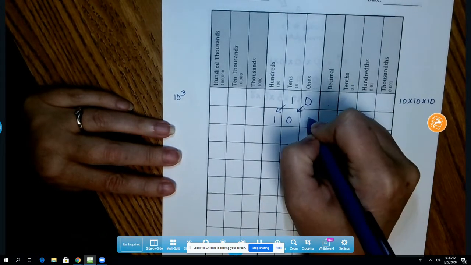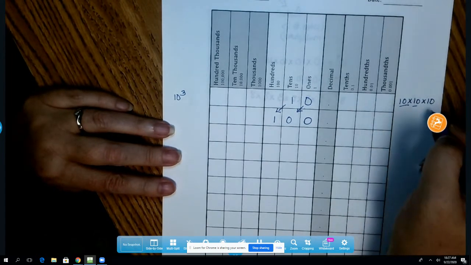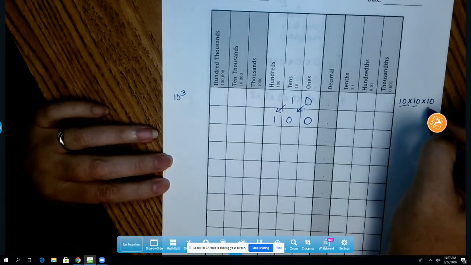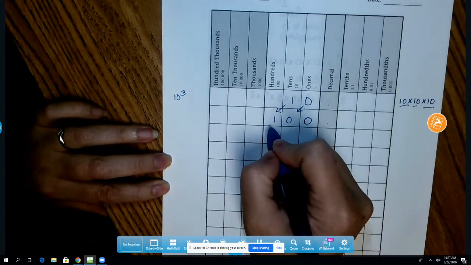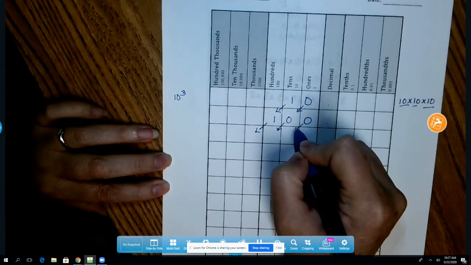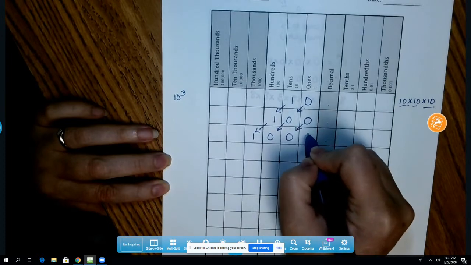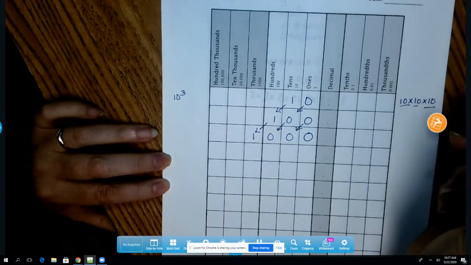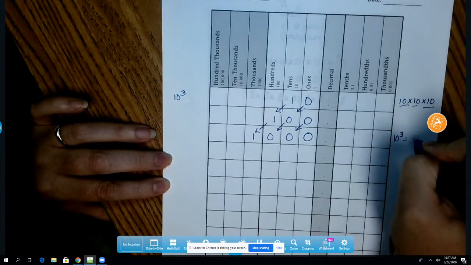And then I need a 0 to hold my place. So 10 times 10 is 100. And now I need to multiply that by another 10, which I know means it moves one more time, and hold my place. So I know that 10 to the 3rd power equals 1,000.